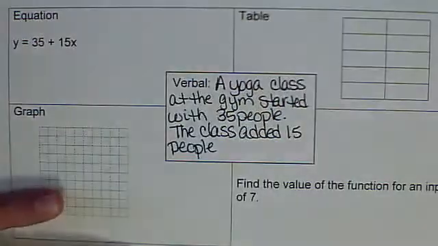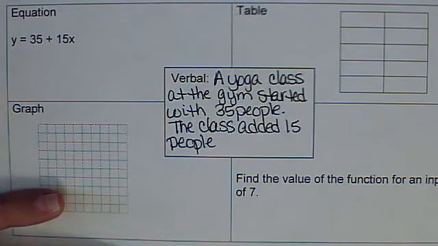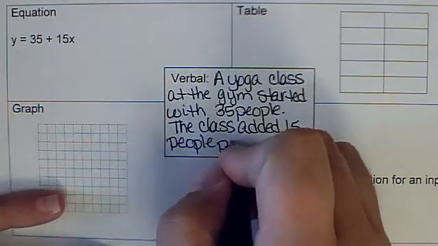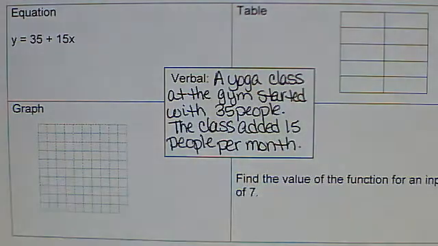Okay, what's realistic? 15 people per hour is not realistic if you're in a yoga class. Per week or per day, maybe. Per week, maybe. I'm going to go per month. So the class added 15 people per month. So there's my word problem.